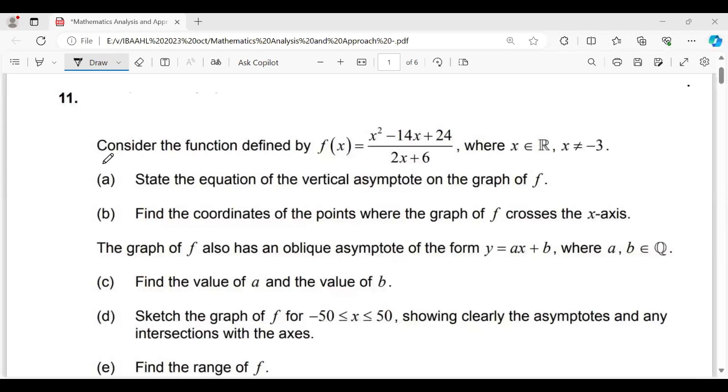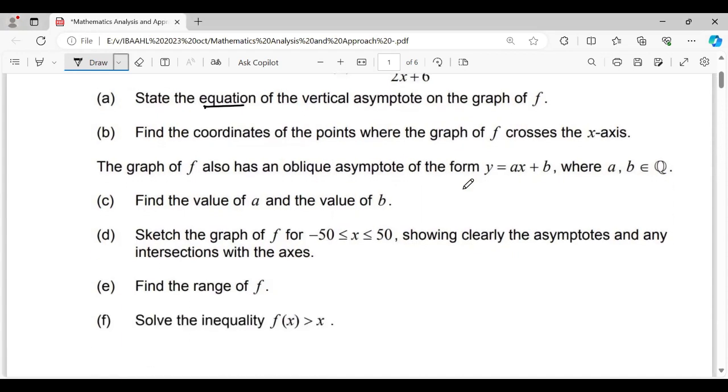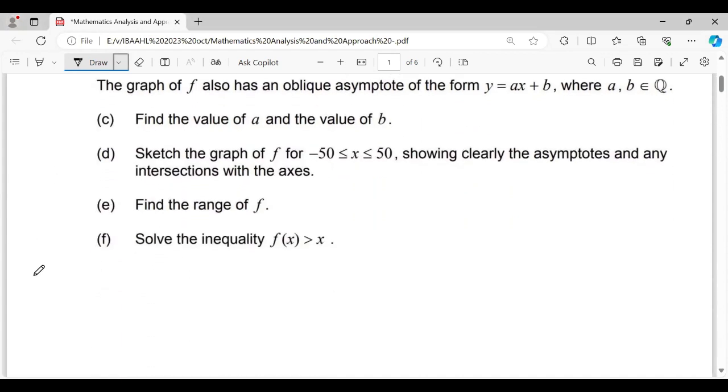Number 11. Consider the function defined by f(x) equals (x squared minus 14x plus 24) over (2x plus 6). State the equation of the vertical asymptote of the graph.